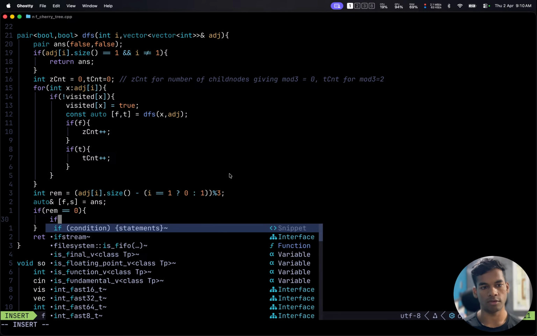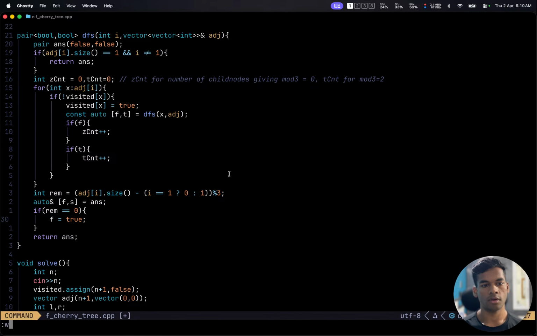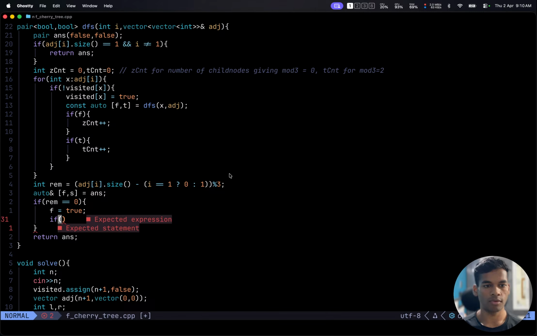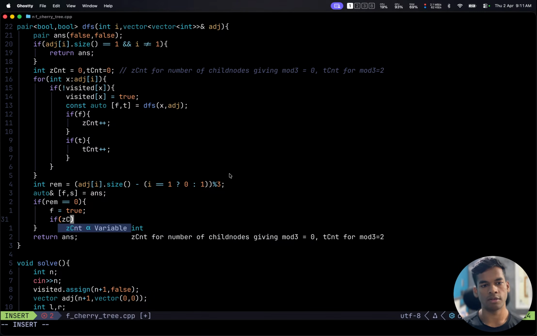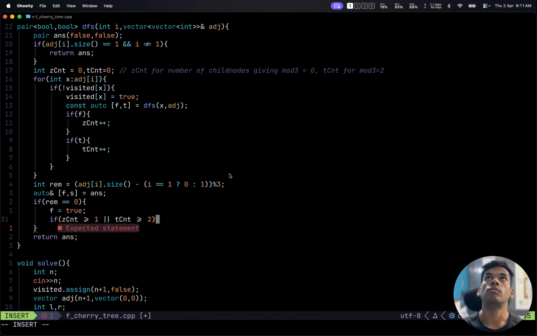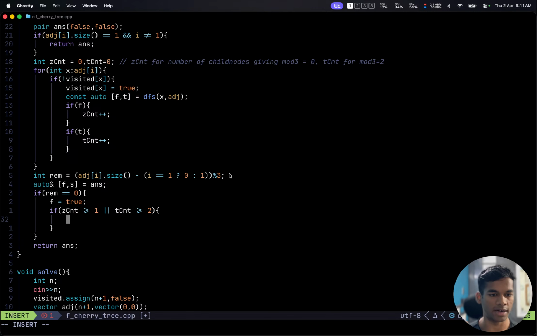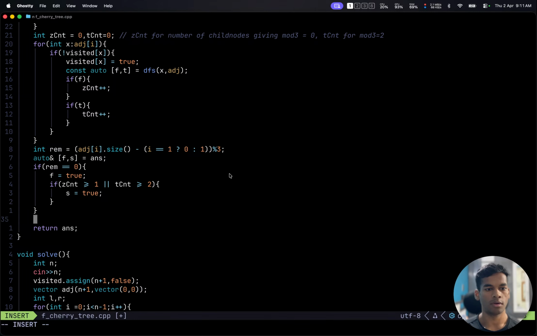If rem equals 0, then f equals true automatically, and if rem is 0, then to get to 2 we need either z cnt greater than equal to 1 or t cnt greater than equal to 2. Yep, if that is the case, then s equals true.